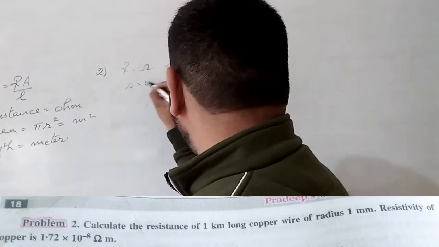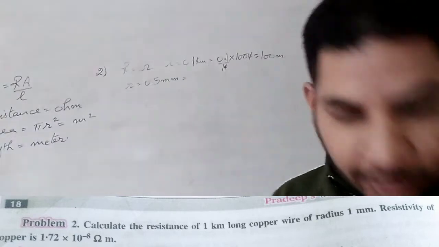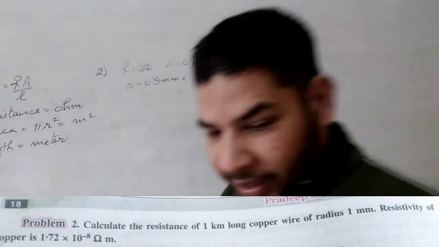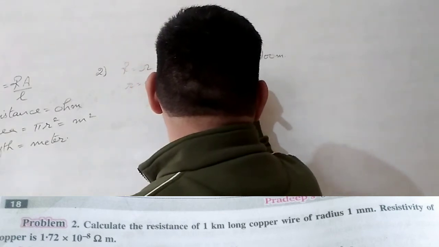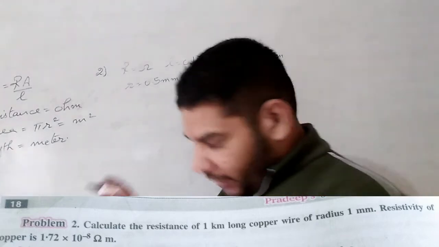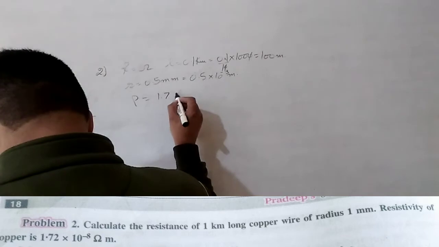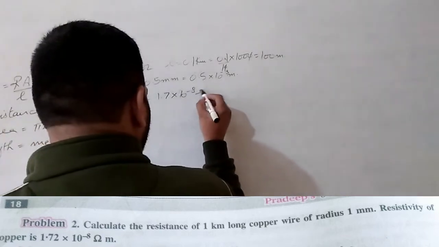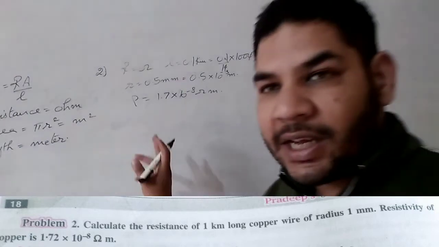We convert 0.5 mm into meter, that is 0.5 into 10 raised to power minus 3 meter. Resistivity of copper, rho, is given as 1.7 into 10 raised to power minus 8 ohm meter. So these are the values given.